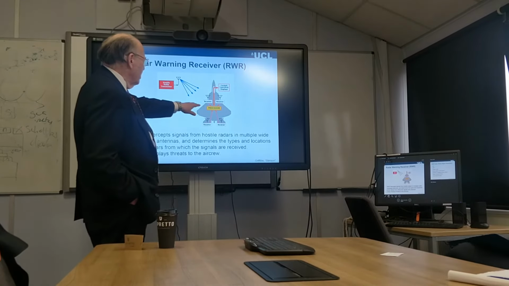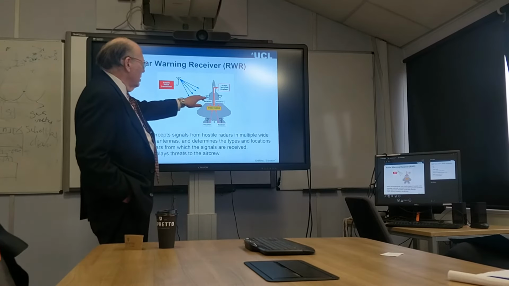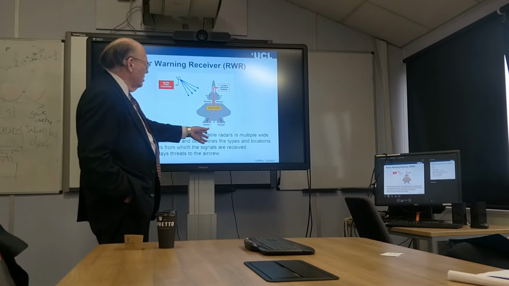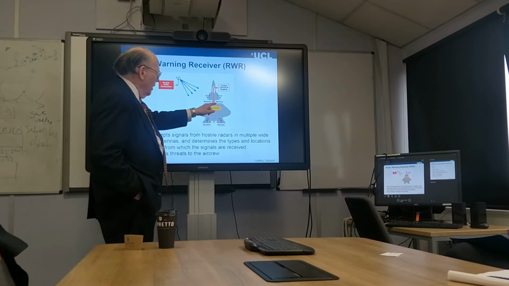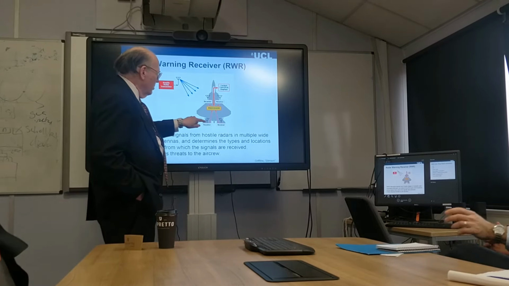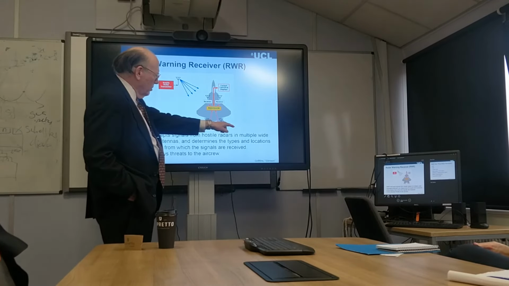And this shows just a notional schematic. Typically they have 4 antennas, and they're mounted on the horizontal plane at 45 degrees. So 45 degrees off the left, 45 degrees off the right, 45 degrees off the tail.